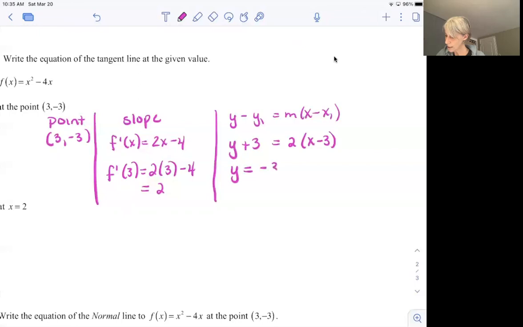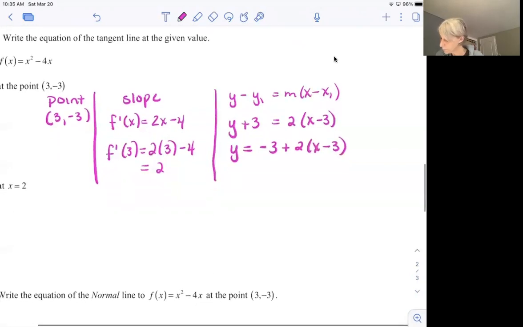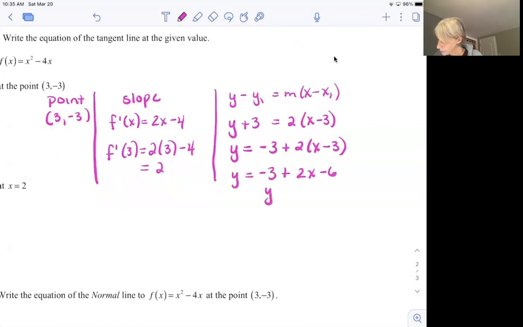Remind you that you can write it like this. Or we can distribute and clean it up. I hope I didn't make any mistakes there. Let me just check, yeah.